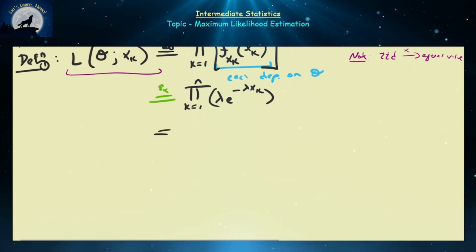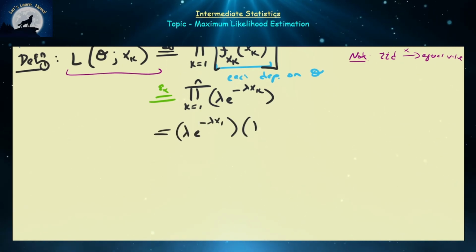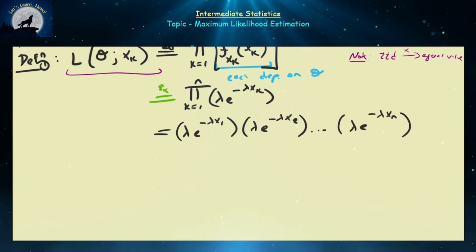It's lambda e to the minus lambda x1 times lambda e to the minus lambda x2, all the way down to lambda e to the minus lambda xn. Notice that we're going to have n lambdas in the leading coefficient, and since we have exponentials all with the same base, we can add those exponents, factor out that minus lambda, and then we're going to have x1 plus x2 plus x3 all the way down to xn inside of that exponent.